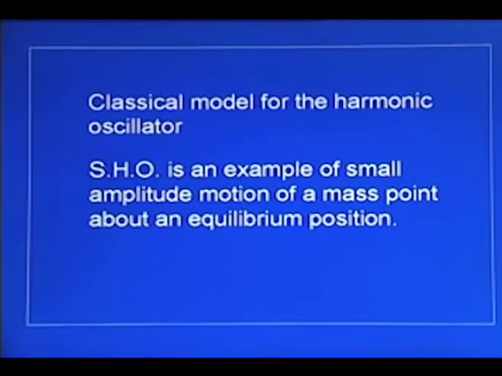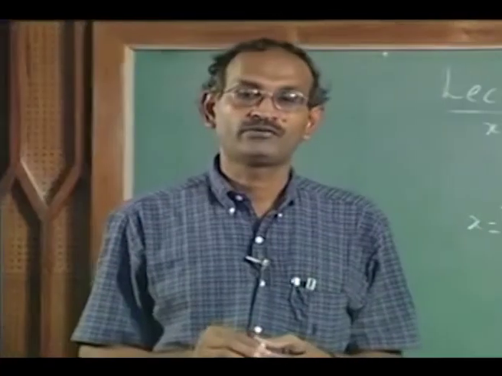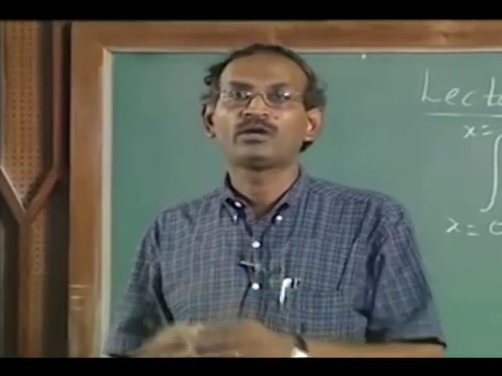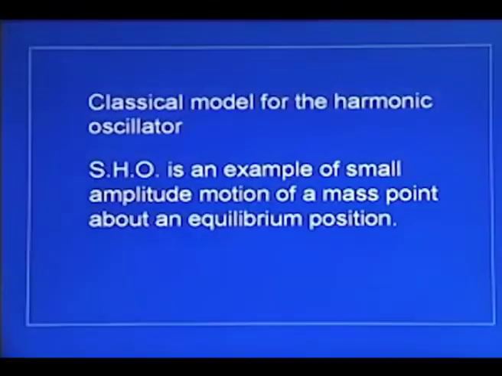Vibrations at the level of what are called the normal modes in molecules are analyzed or studied using the simple harmonic oscillator model. And part of the rest of this lecture will concentrate on the classical model, and then how we quantize and how we get the solutions and so on.